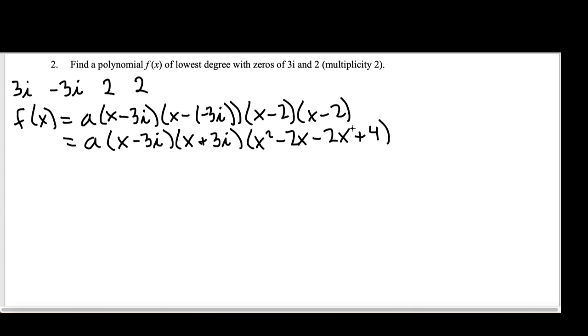Okay. And our goal is to multiply everything together and simplify the final result down as much as we can. I'm going to take x minus 3i and multiply that by x plus 3i. That gives me x squared plus 3ix minus 3ix minus 9i squared.